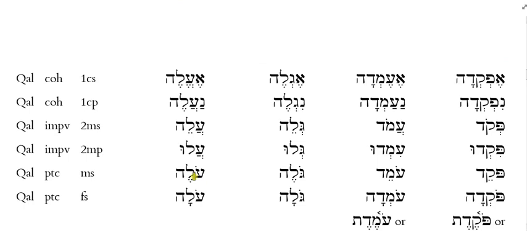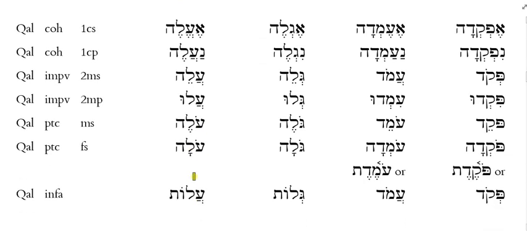All right, let's real quickly look at these cohortatives here. I have efkada. Efkada is normal in every way. Cohortatives have first person prefix, qamets he for the back end. The one guttural has e'emda. The thing that's irregular here is not the back part, but the front. What's irregular? It's not the segol here.